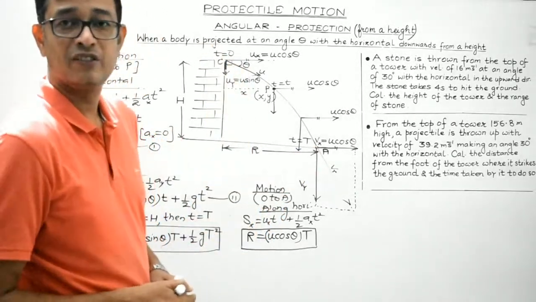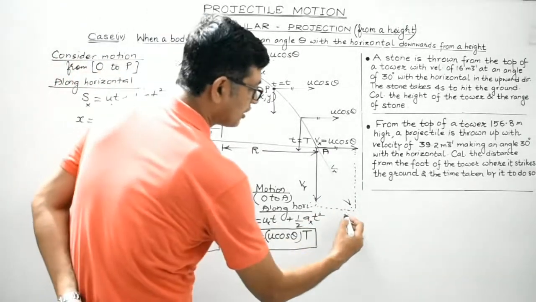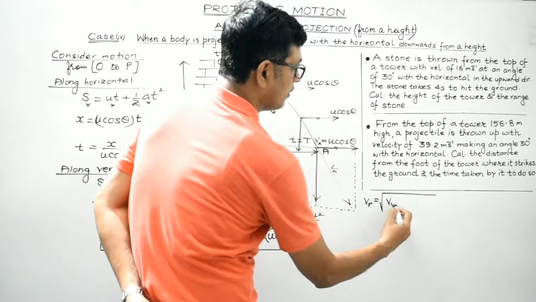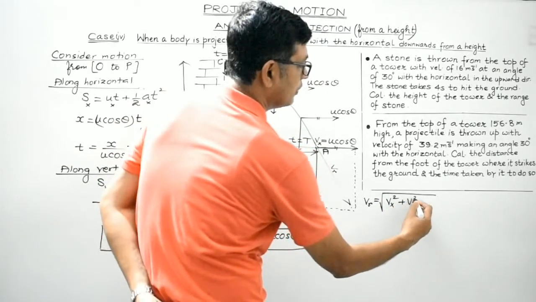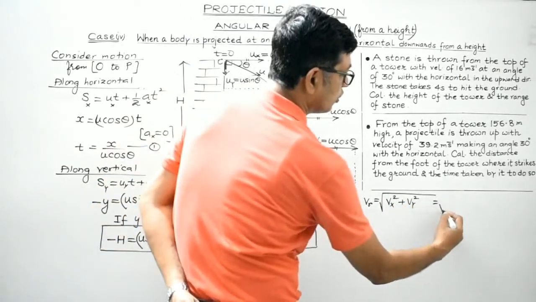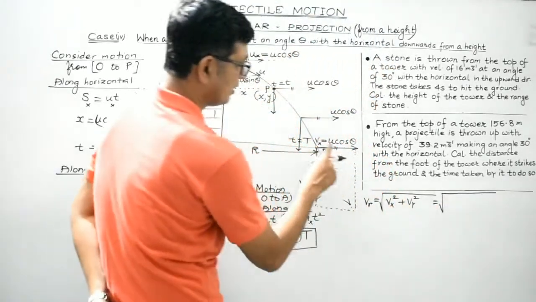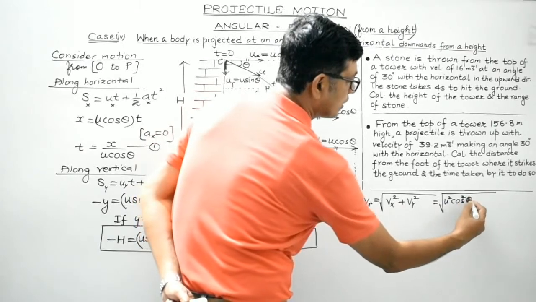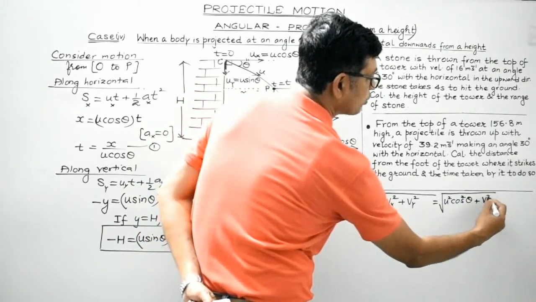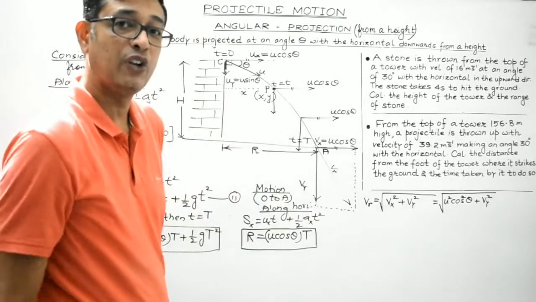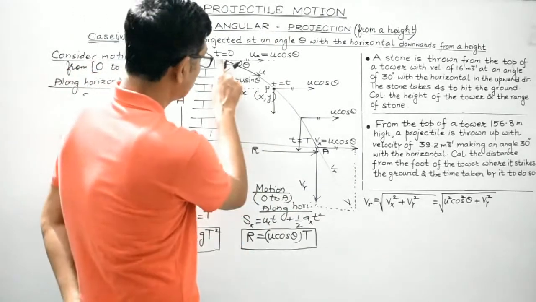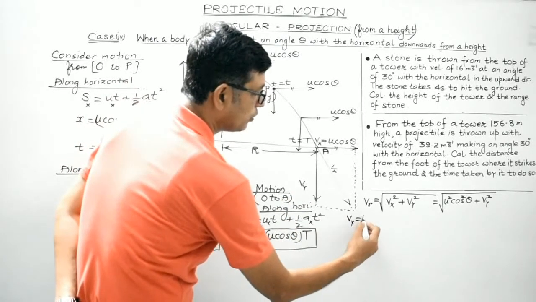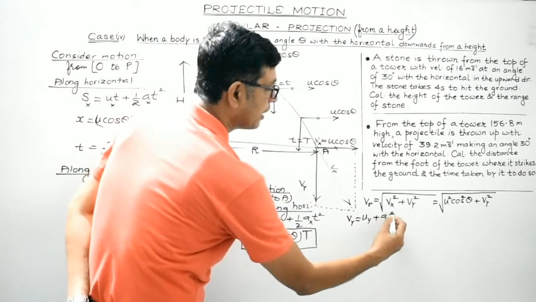Net velocity over here, what will be its value? Now net velocity, as you are aware, it will be given by square root of Vx square plus Vy square, isn't it? So it will be equal to Vx, it will remain constant, it will be u square cos square theta plus Vy square. Now how to get the value of Vy over here? For that, students, consider again motion from O to A. Now if you consider Vy, it will be equal to Uy plus Ayt.